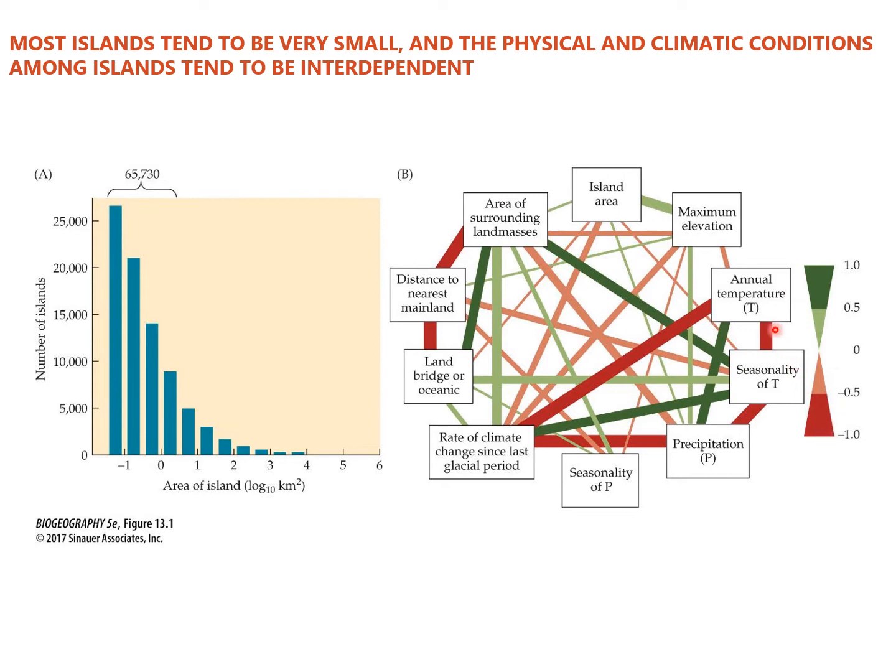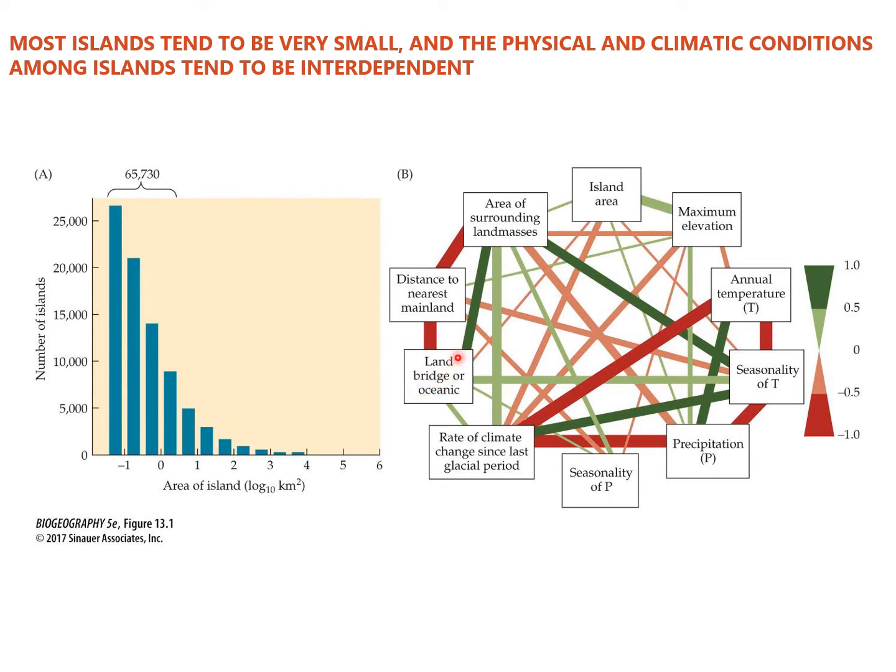A negative correlation would mean as one characteristic increases, another one decreases. We can look at a few of them, like the area of surrounding land masses is somewhat correlated with the rate of climate change since the last glacial period, but it's very negatively correlated with the distance to the nearest mainland, which is also negatively correlated to whether it's a land bridge or oceanic island.